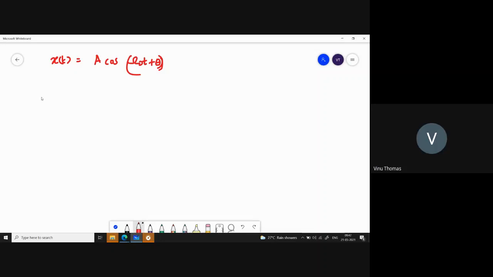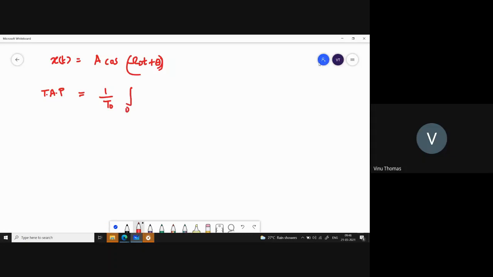So let us try to find out the total average power for the signal. So the question is to find out the total average power for this signal. Certain textbooks might call this total average power the power of the signal, but we will continue to use the term total average power. So total average power you can evaluate as 1 by T0, because it's a periodic signal, integral 0 to T0.